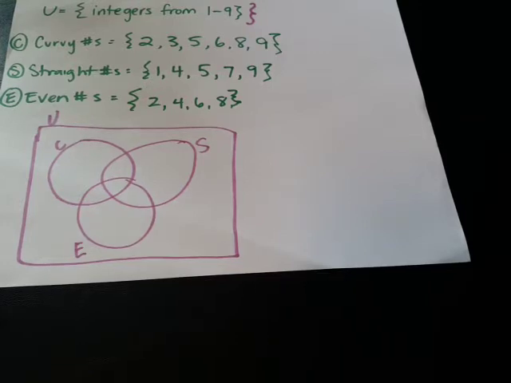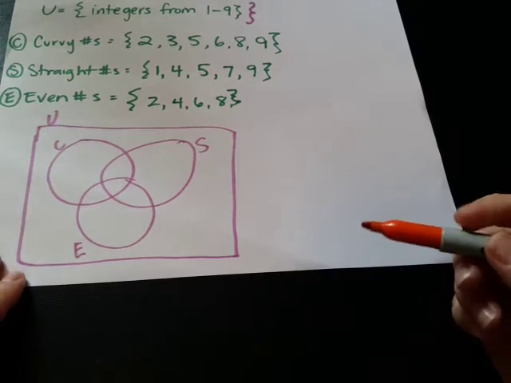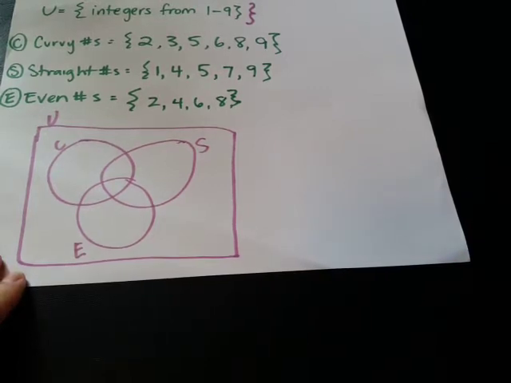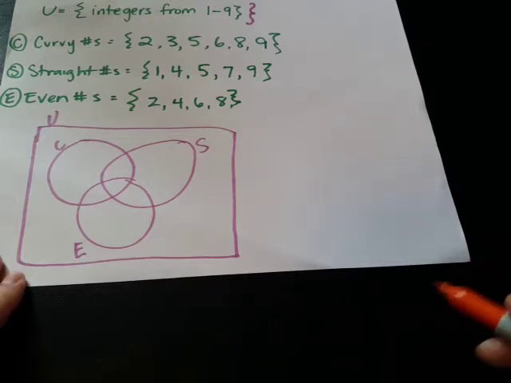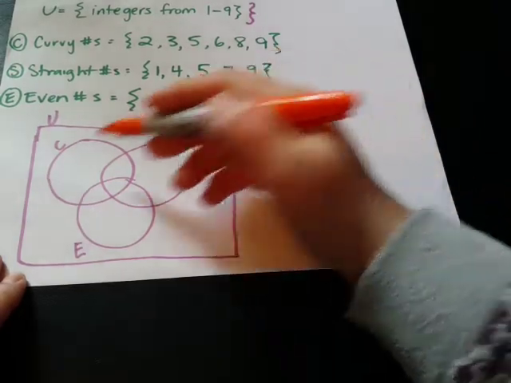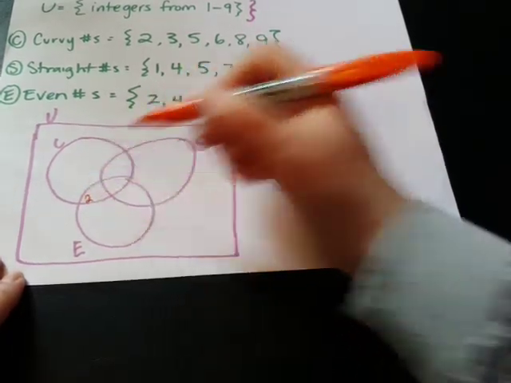So for curvy numbers, 2 is a member of the set of curvy numbers, and it's also a member of the set of even numbers. So we can represent 2 right here.